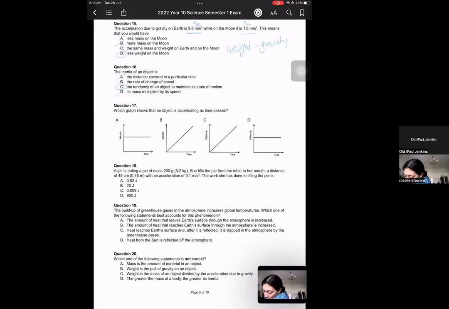Which graph shows an object that is accelerating as time passes? Okay, so we know it's not this. And we know it's not this. Speed is the same for A, and the distance, it is actually stopped in D. Okay, so is it velocity or is it distance? Let's look at C. For C here, as time goes by, the distance is slowly increasing.